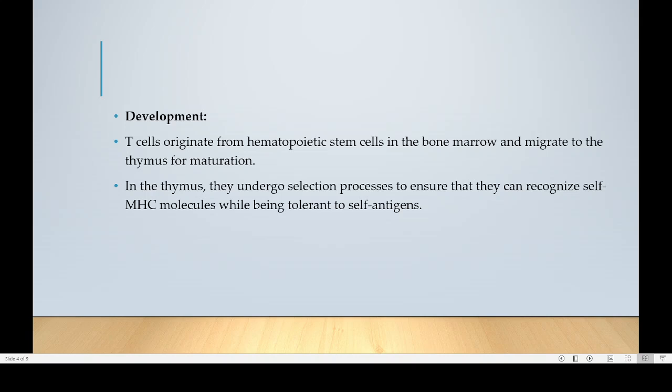Now in the thymus they undergo selection process to ensure that they can recognize self-MHC molecule while being tolerant to self-antigen. That is on the cell of every cell there is an MHC molecule. And for example, if you take a skin cell or if you take a nasal cell, if you take a cell in our mouth, epithelial cell, on the surface of every cell there will be MHC molecule.